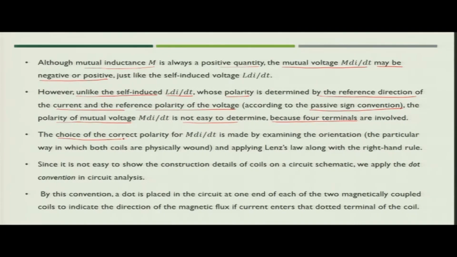The choice of correct polarity for M di by dt is made by examining the orientation of the coil, that means the way in which both coils are physically wound, and then applying the Lenz law along with the right hand rule to find the correct polarity for mutual voltage.